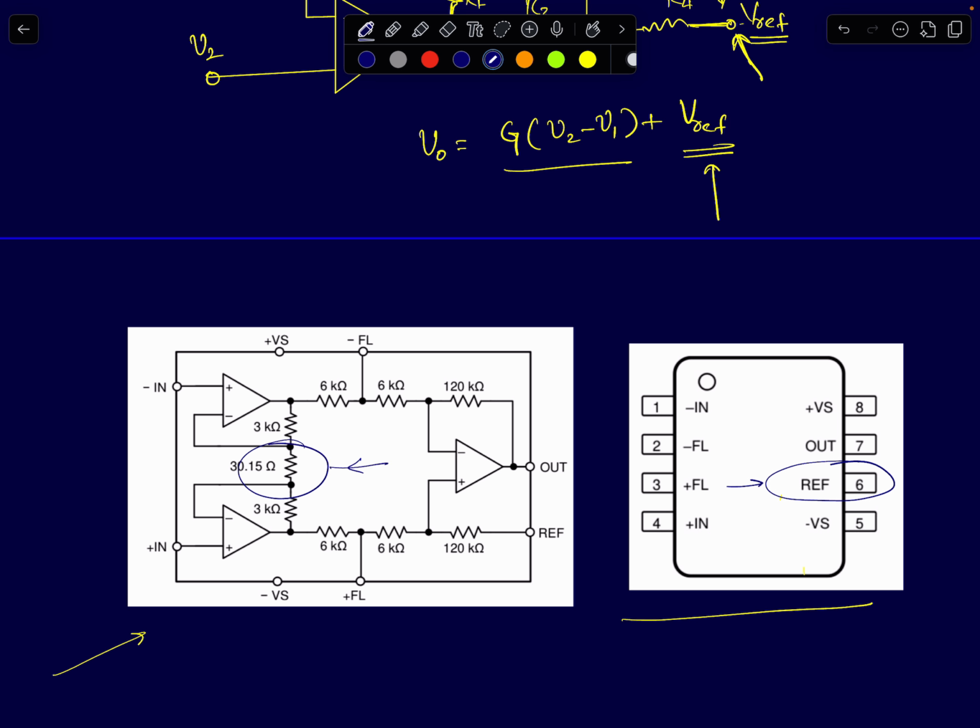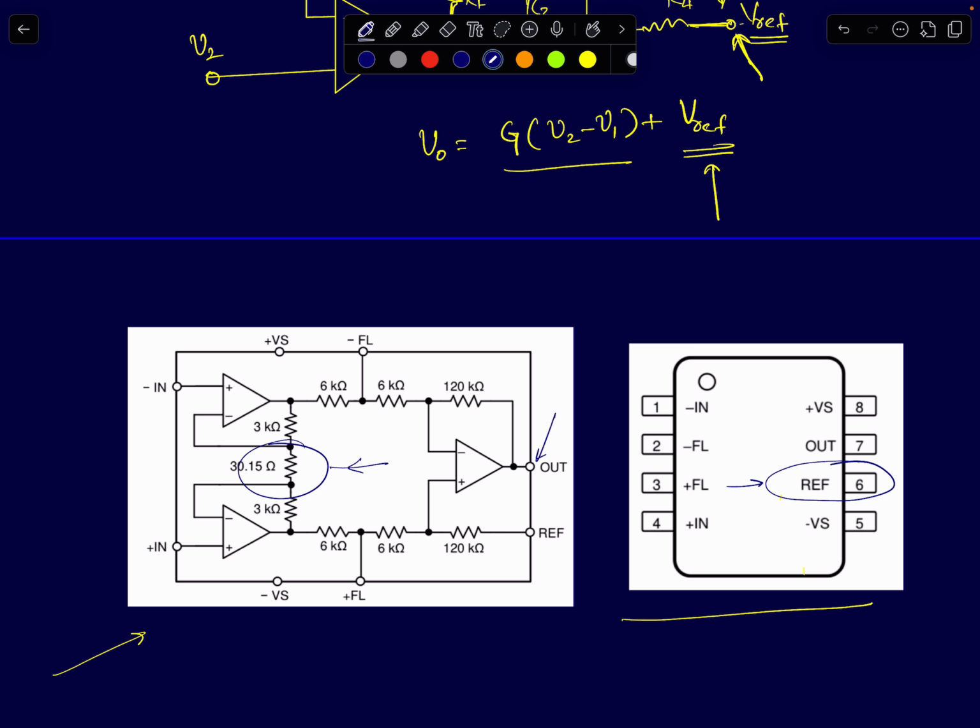Some chips come with programmable gain, some come with fixed gain. Even in those chips where RG is external, you can still have the reference pin. I can set my output DC voltage using this reference pin. That's what this pin is for, and it's very useful.